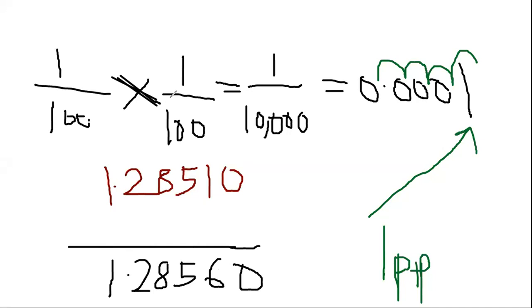Adding 1 and 0, this will be 0, then this will be 1. 5 plus 1 is 6. So this is 1.28610. So this is how to add 10 pips, or even more, to an exchange rate.